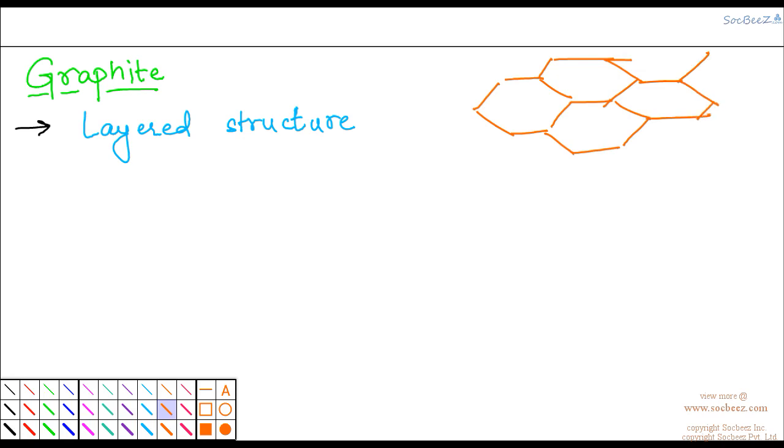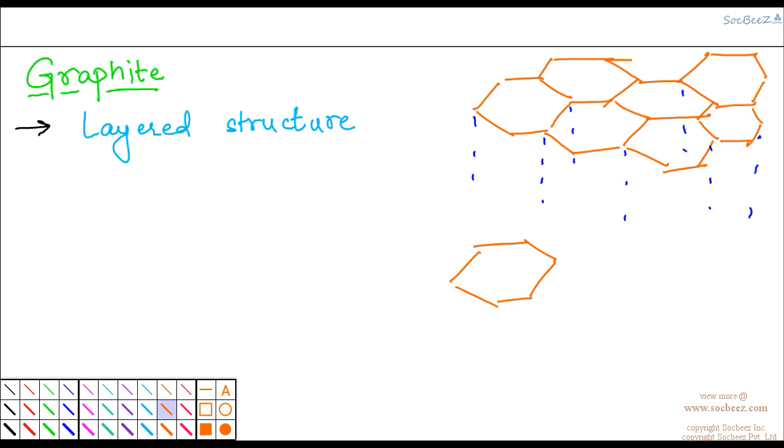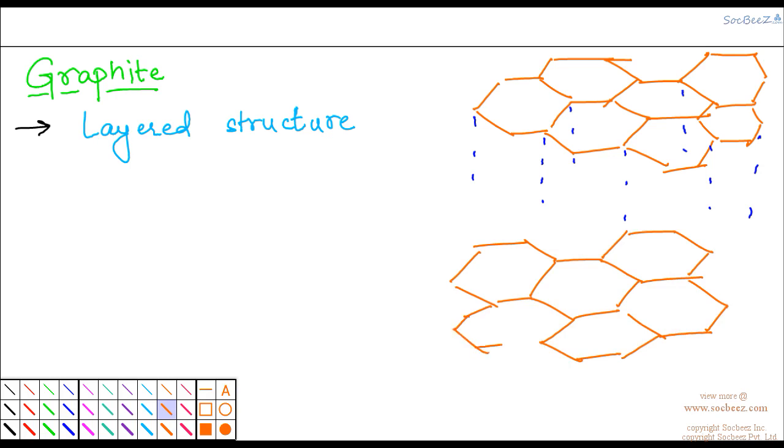Consider this as one layer, then there are some linkages over here, and then there is the next layer below the top layer. So this is the structure of graphite.